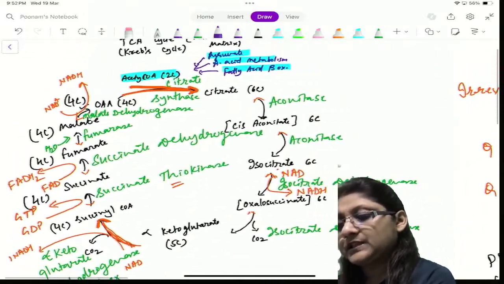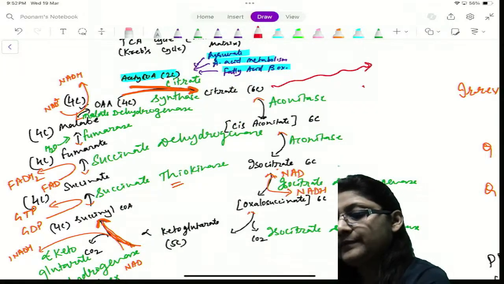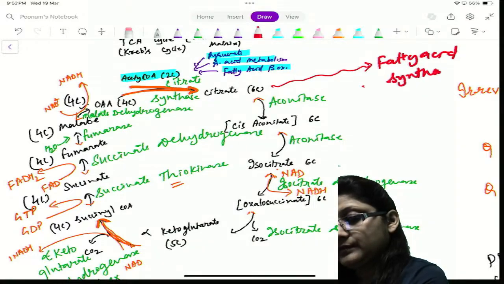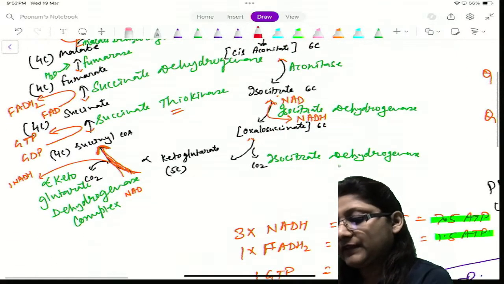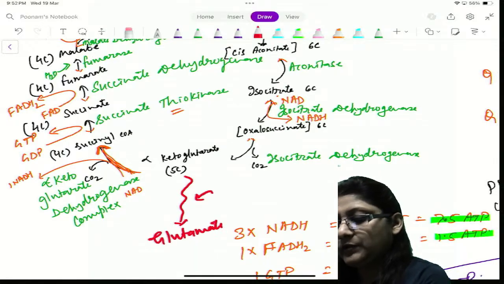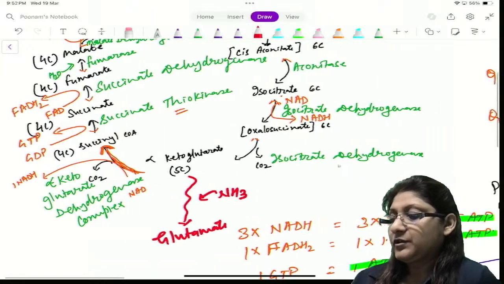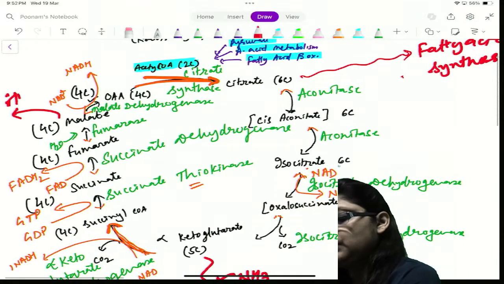For example, if I just take a red arrow and try to explain what is happening with citrate, at times the citrate goes out for fatty acid synthesis, leaving the TCA cycle. Similarly, alpha ketoglutarate may go out in the form of glutamate when an amino group, ammonia, is added to it. In a similar fashion, malate may also go out for the process of glucose synthesis in gluconeogenesis.